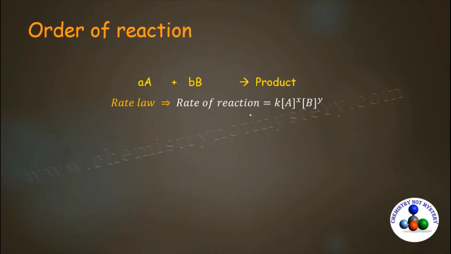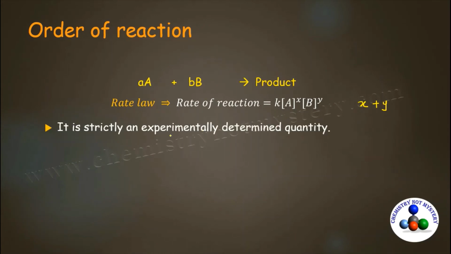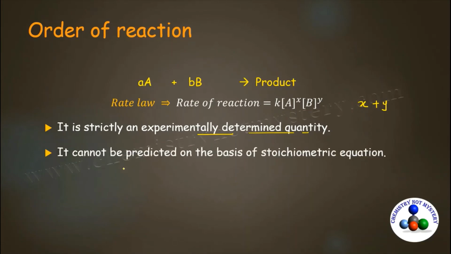So as we just have studied, to get the overall order of reaction, you have to add x and y. And these x and y are strictly experimentally determined quantities. So the order of reaction is also an experimentally determined quantity. It cannot be predicted on the basis of the stoichiometric equation.